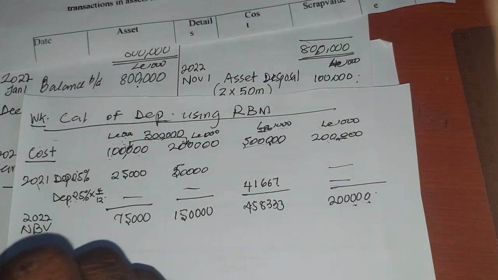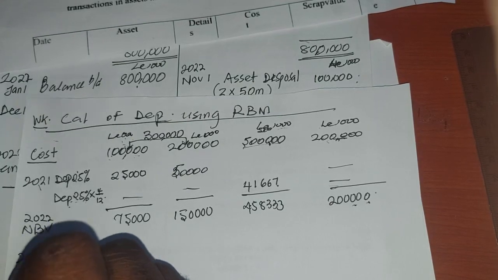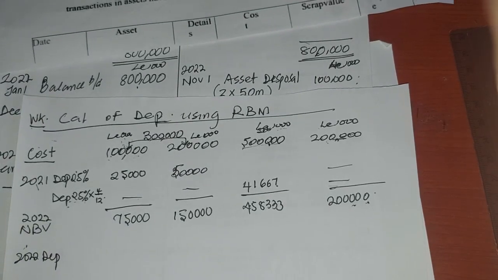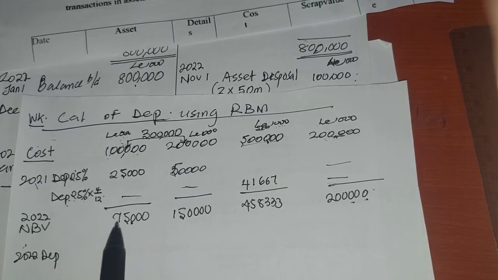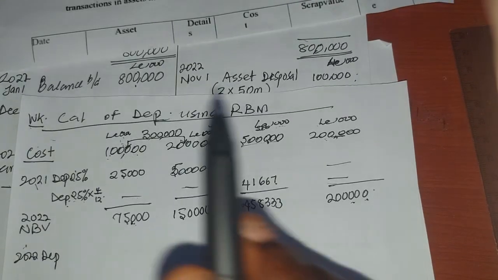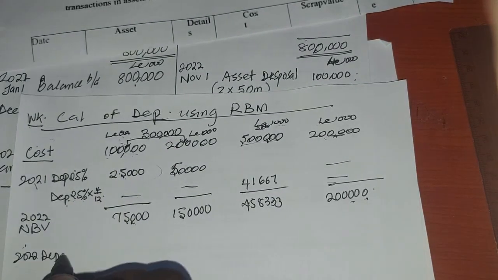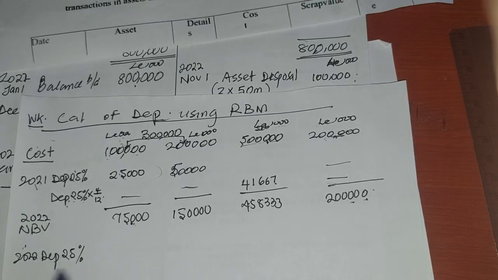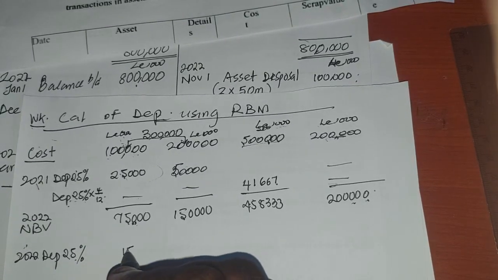Don't forget, our depreciation for 2022 goes thus. We are going to calculate on reducing balance, so it must be on this balance. If this were straight line, it would have been just once. So on this, we have a 25% that will give us.